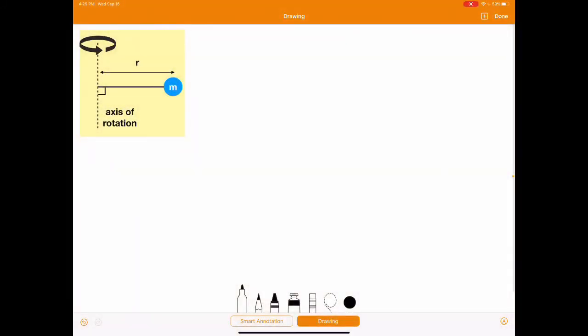Okay, so this is the picture of the rotating object that we're looking at, and I want to draw a different picture where we look at it from the top-down view. So this is going to be the top-down view looking into the axis of rotation. So now we'll see the axis of rotation here. Let's draw a coordinate system, x, y, so that the axis of rotation is at the origin.